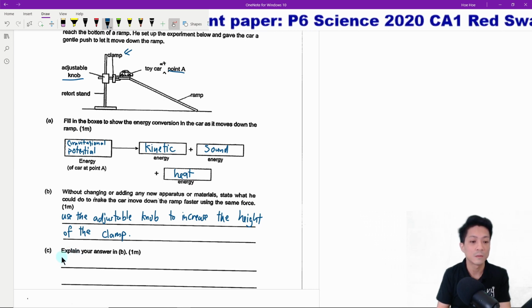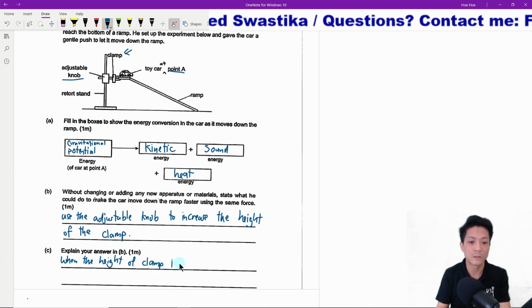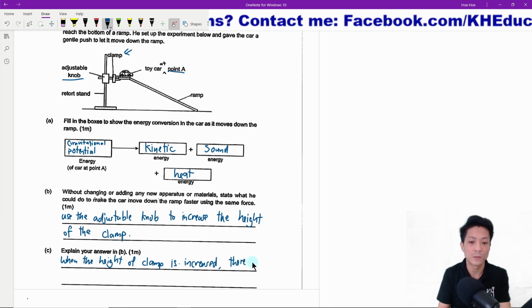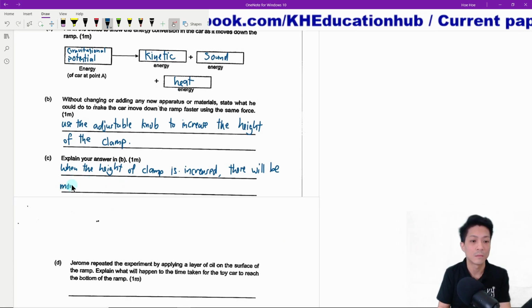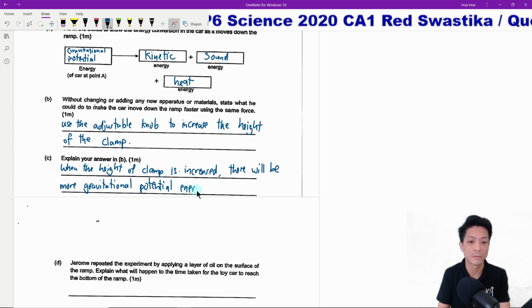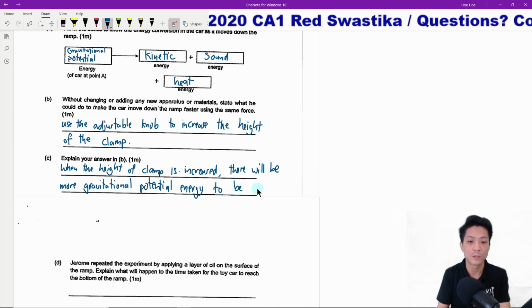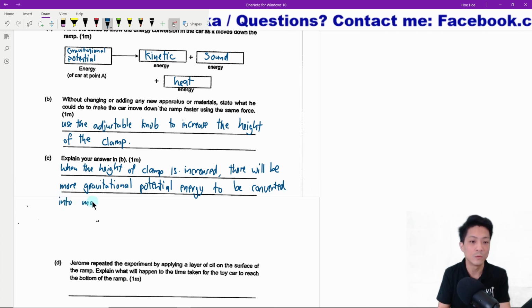When the height of the clamp is increased, there will be more gravitational potential energy to be converted into more kinetic energy.